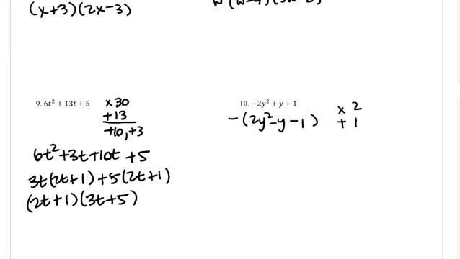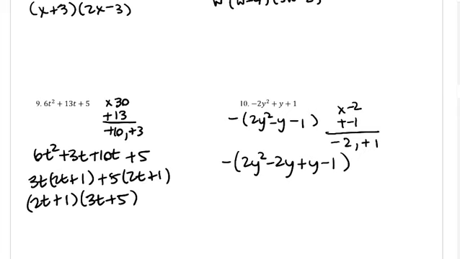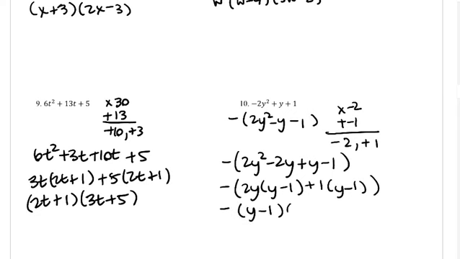Minus y minus 1. So they multiply to negative 2 and add to negative 1. Yeah, that's going to be negative 2 and positive 1. All right, there we go. Yeah, that's definitely factorable.